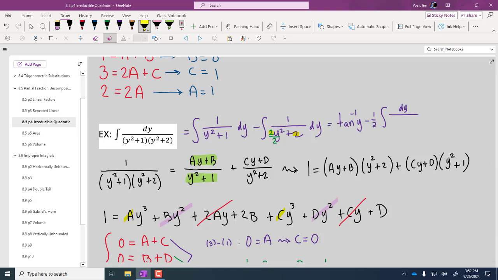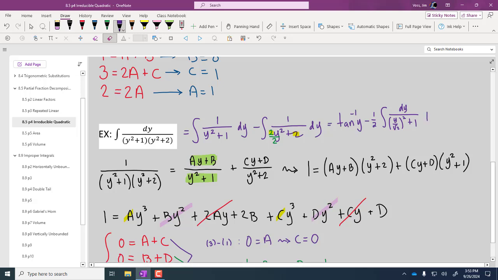How can we write y squared over 2 as a single square? Y over root 2 squared. So y over root 2 quantity squared plus 1. That is just an arctangent with RCR.